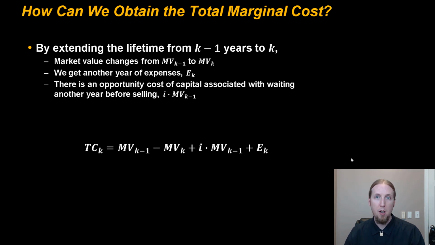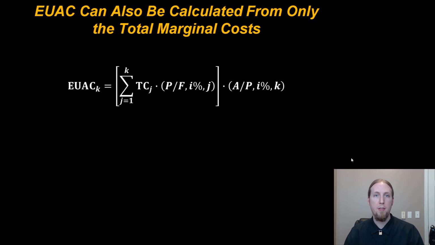And so therefore, our equation for the total marginal cost associated with year k is going to be the difference in market value between k minus 1 and k, add on the interest associated with MV sub k minus 1, that's our opportunity cost, and then add the additional expenses. That allows us to also calculate the EUAC from only using the total marginal costs.